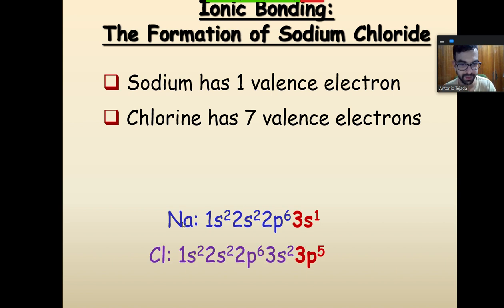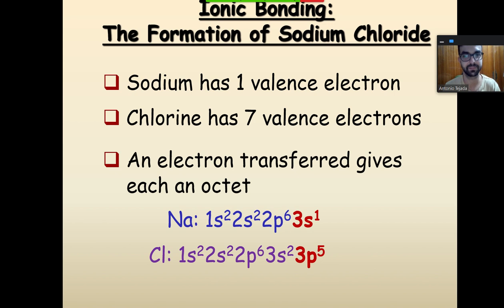See, 7 electrons for chlorine, and sodium 1. So sodium loses 1 electron and chlorine gains that electron. This transfer gives an octet.